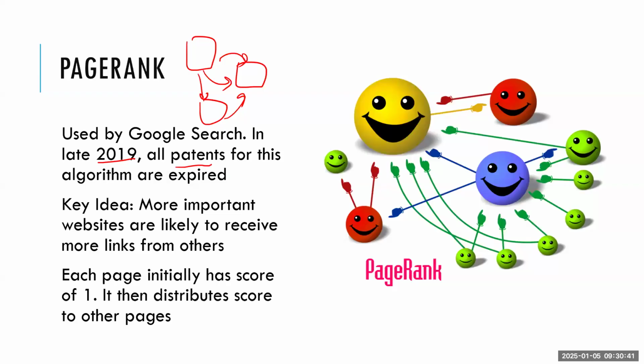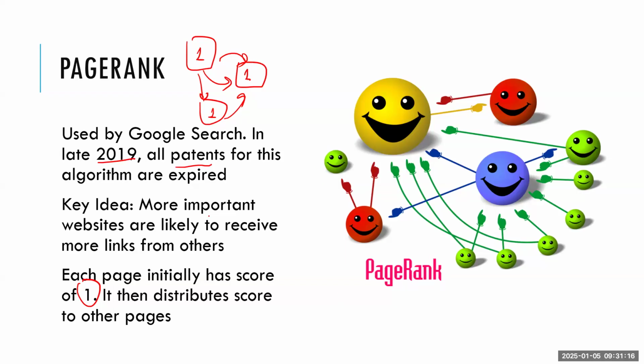Based on this concept, they introduced the algorithm to compute the PageRank, the score for each page. The key idea is that initially each page has a score of 1, and then it distributes this score to all the pages that it points to. For example, at the start, everyone has 1 point.